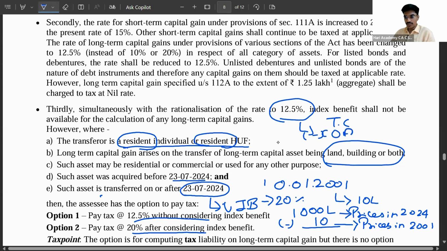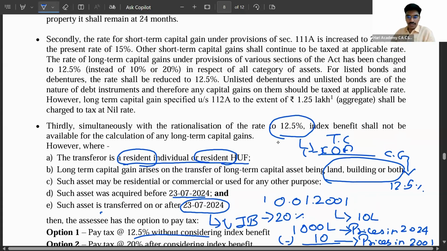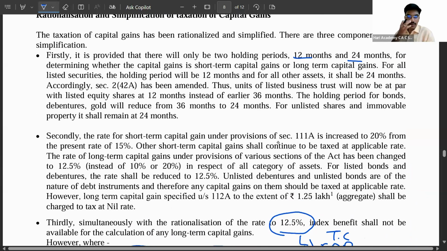Whatever is going to be capital gains, on this pay tax at 12.5%. This is for the new capital gains tax regime. Hope this is clear. Is this clear first? Can somebody unmute and say? Yes, sir. Okay.